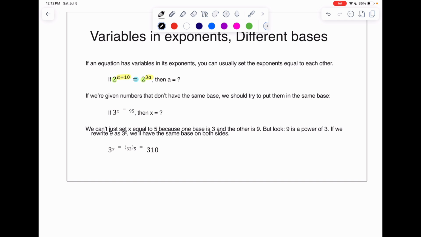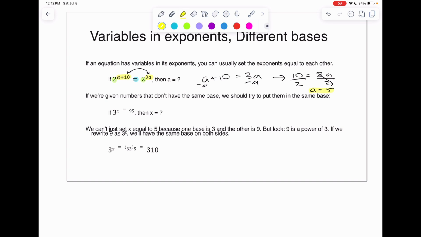Which means that our exponents must equal each other. We can say a plus 10 equals 3a, and then we can solve. Subtract a from both sides, and that gives us 10 equals 2a. We can divide both sides by 2, and we get that a equals 5. That allowed us to solve for a variable in our exponent.